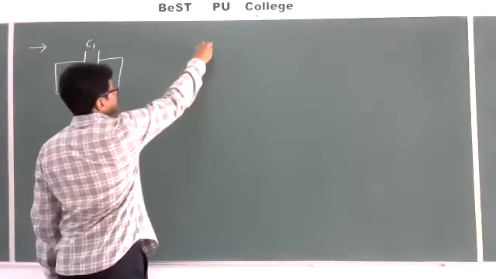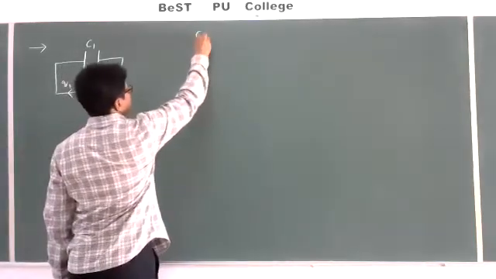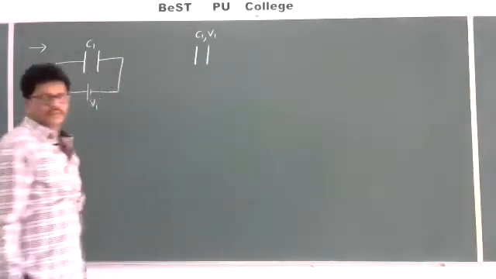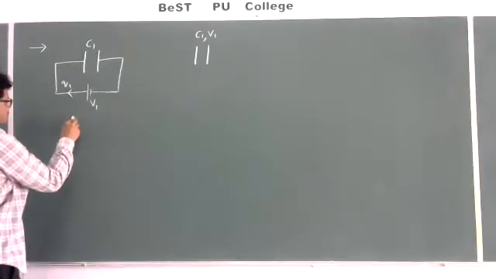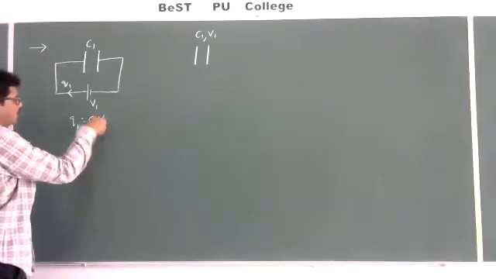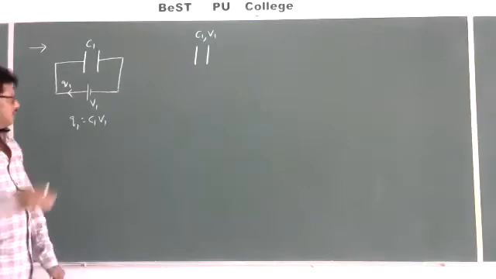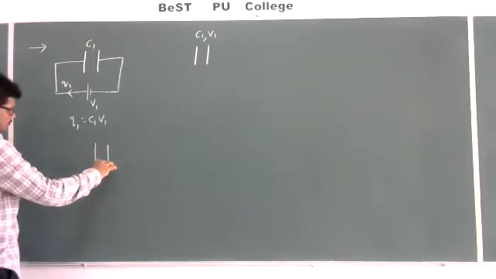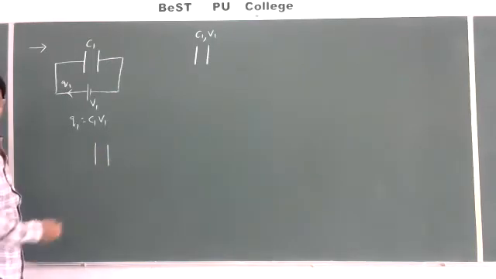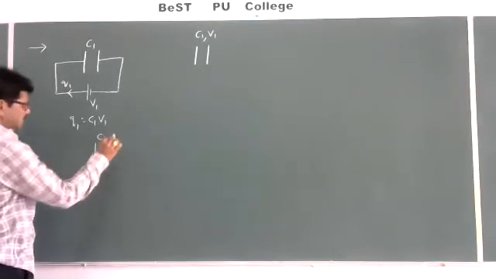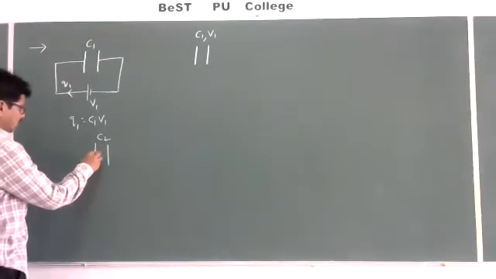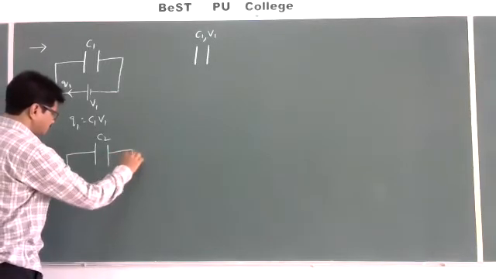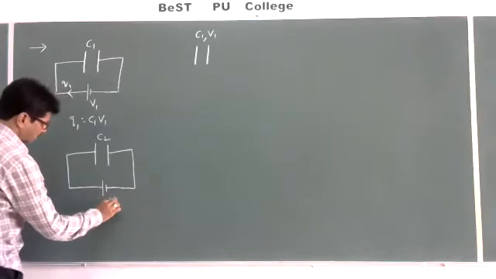Now this is the capacitor having a capacitance C1 and potential V1. What is the charge in this case? Q1 is equal to C1V1. Similarly, I am taking one more capacitor. It is also uncharged only, whose capacitance is C2, and it is connected to a source of potential V2.